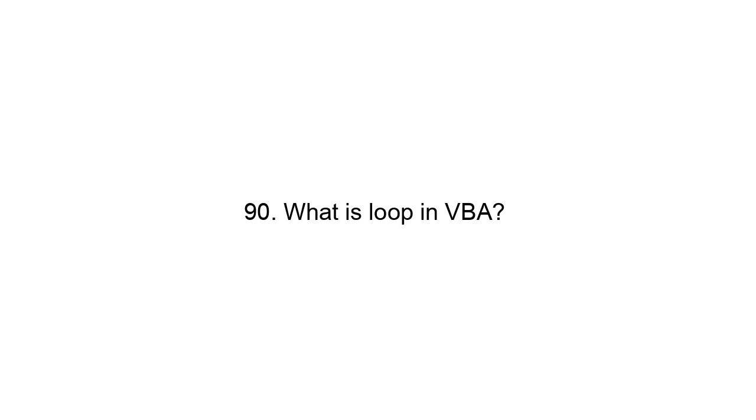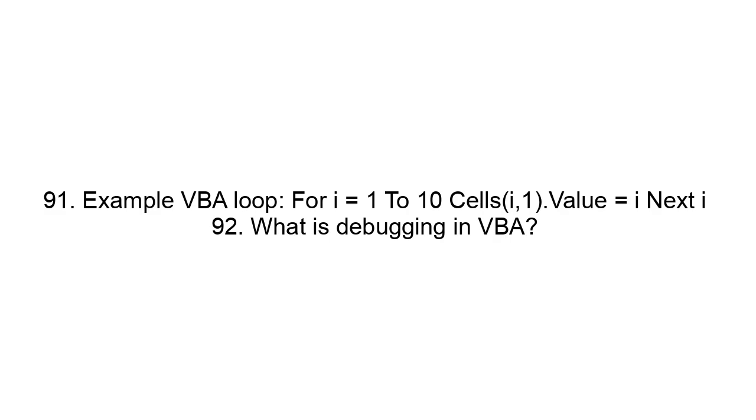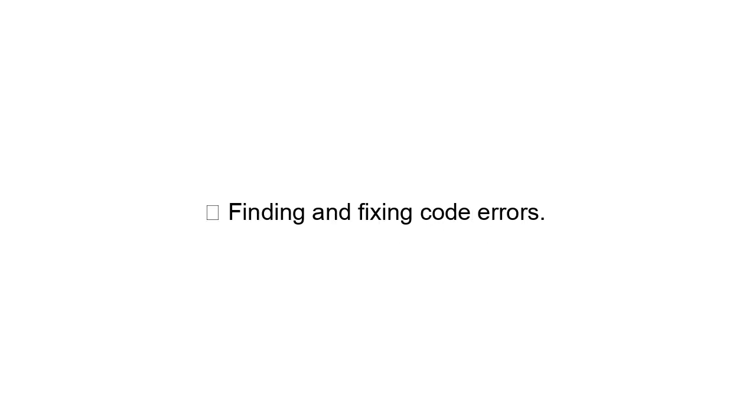90. What is a loop in VBA? Repeating code execution. 91. Example VBA loop: For i = 1 To 10, Cells(i, 1).Value = i, Next i. 92. What is debugging in VBA? Finding and fixing code errors. 93.